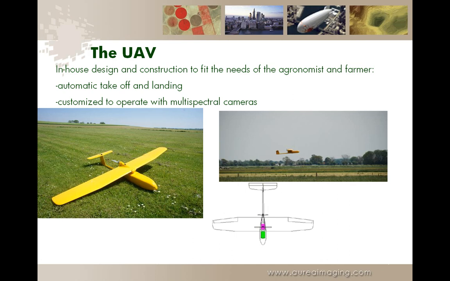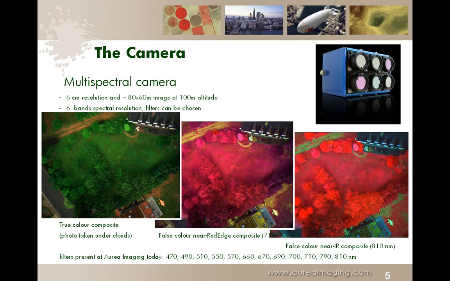The camera we are working with is Tetracam. It's a company located in California, in the US, and they make lightweight multispectral cameras. The one you can see here has 6 lenses and weighs only 600 grams. Here you can see the lenses we have mounted on it.